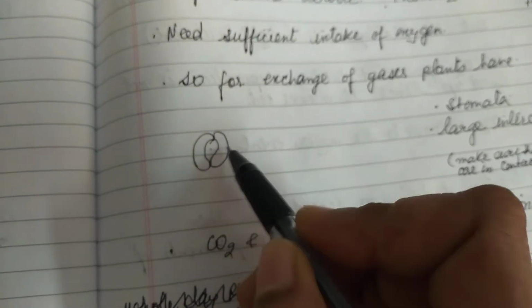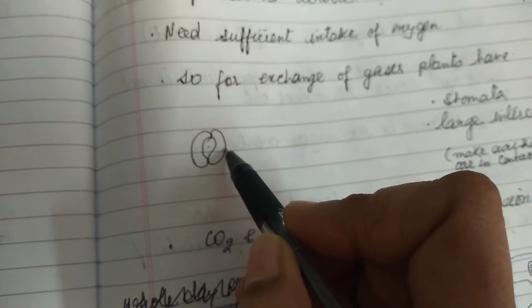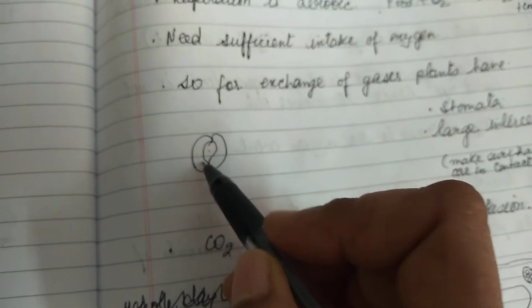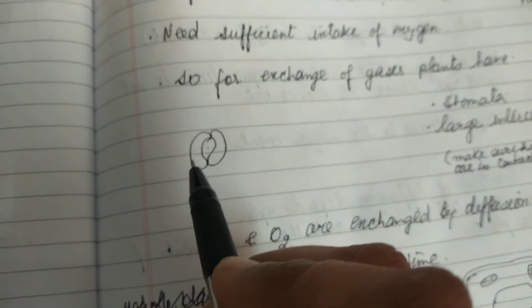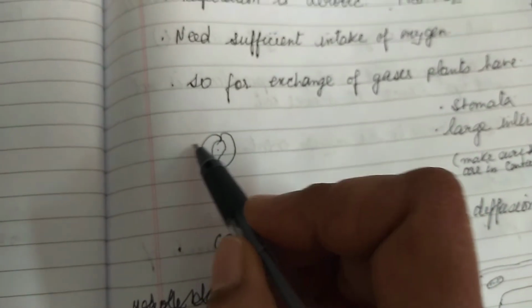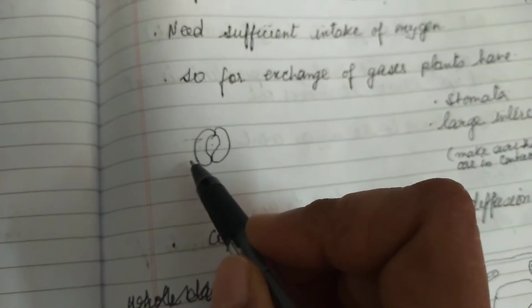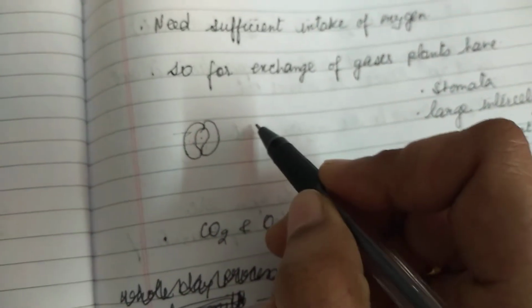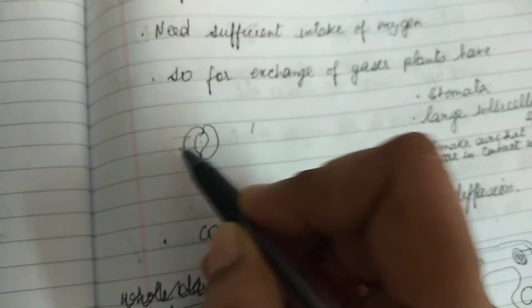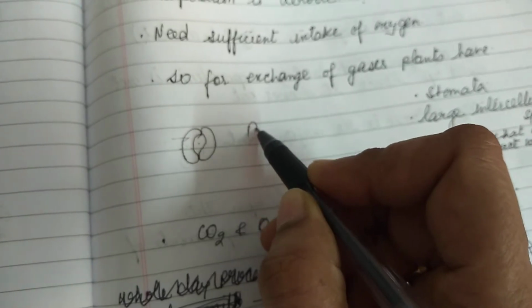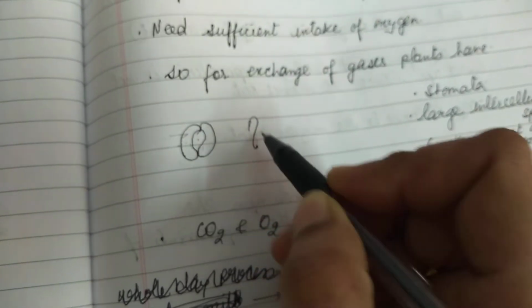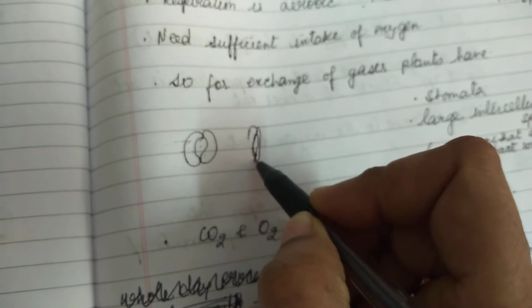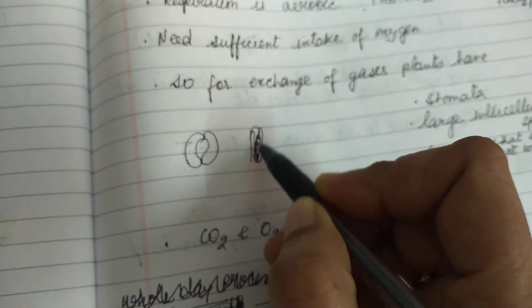These are guarded by guard cells, and these stomatal apertures or pores can be closed or open. When these guard cells take water, they swell and this aperture opens, and when these guard cells release water, they shrink, which leads to closing of this pore.